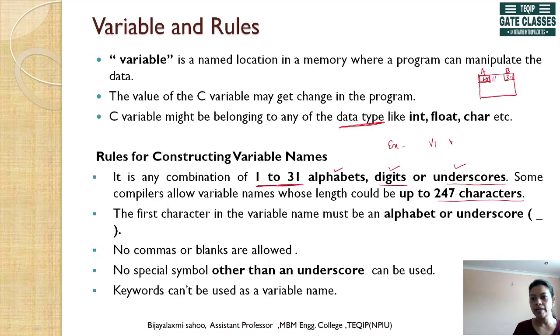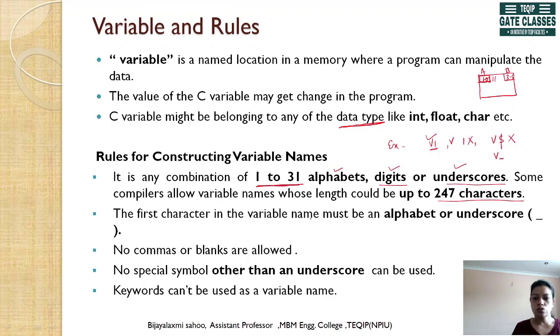It should not be like B followed by space followed by 1. It should be consecutive. No special symbol other than underscore. This is a wrong interpretation, this is a right interpretation. You cannot use V followed by $. This is wrong. But you can use V followed by underscore.